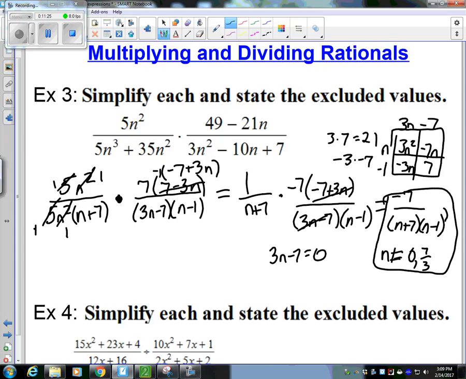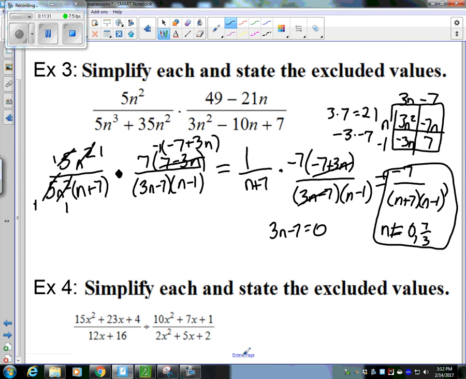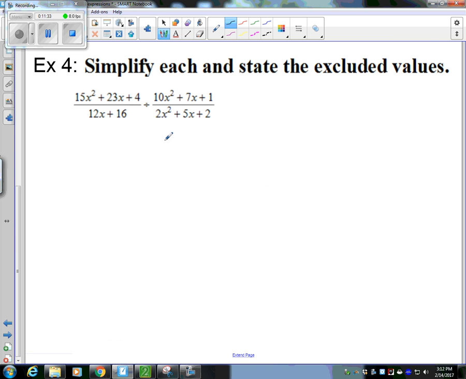Alright, let's look at the last problem. I know it's getting extended time, but alright, last problem with division. The only thing that's different with division is we have to change it to multiplication. So we keep the first fraction the way it is. Keep it, change that division sign to a multiplication.